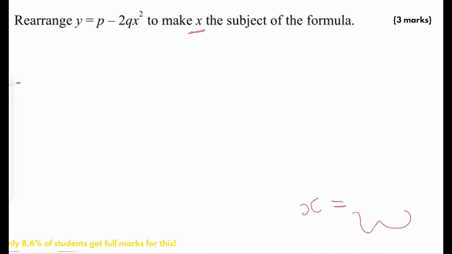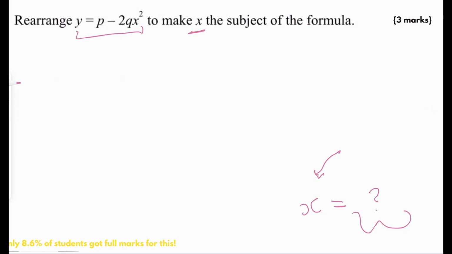So this is obviously what we're trying to find, but it's going to be some sort of formula, some sort of expression. And we're going to have to try and make this look more like this. So essentially get x on its own on one side. So that's what I'm going to try and do.